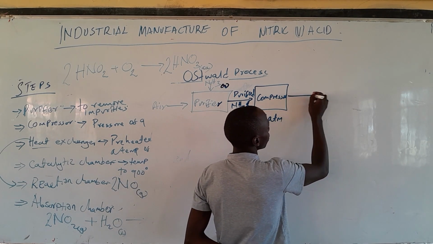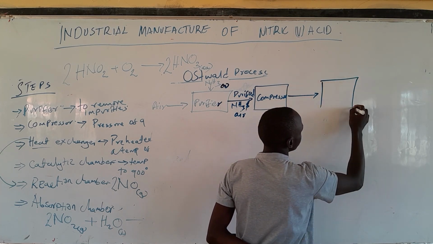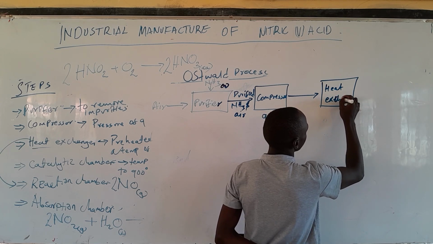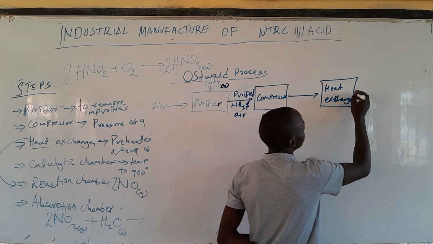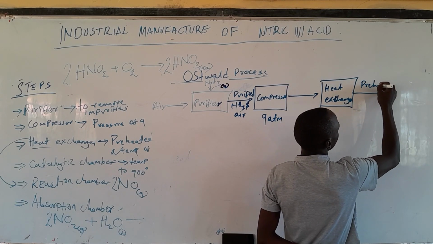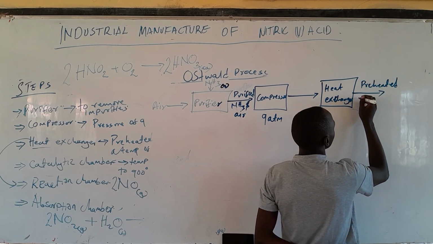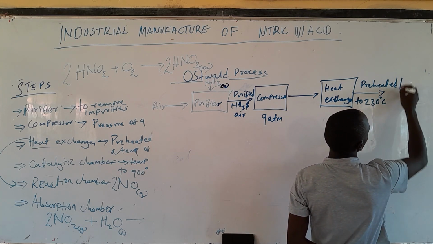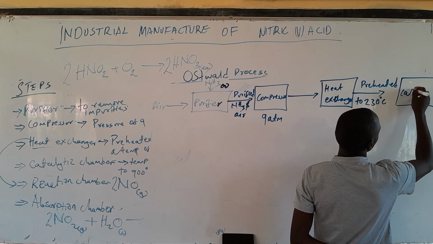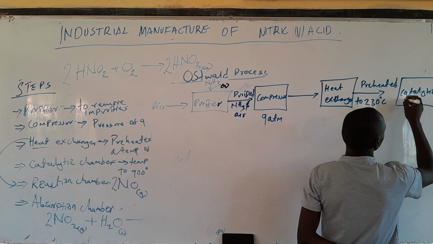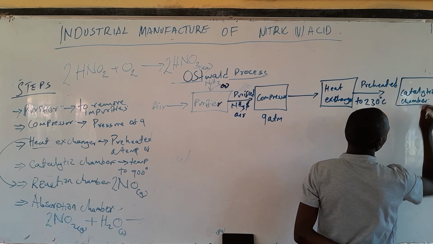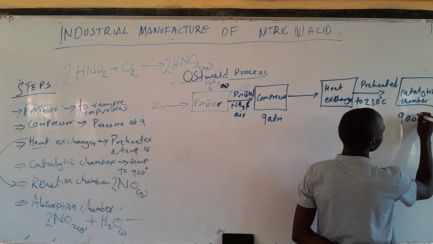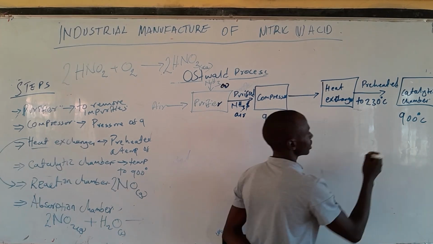After the compressor, the compressed air is then pumped to the heat exchanger, where it is preheated to 230 degrees Celsius, then pumped to the catalytic chamber. Here the temperature is 900 degrees Celsius, and it has a catalyst, which is the platinum-rhodium catalyst.